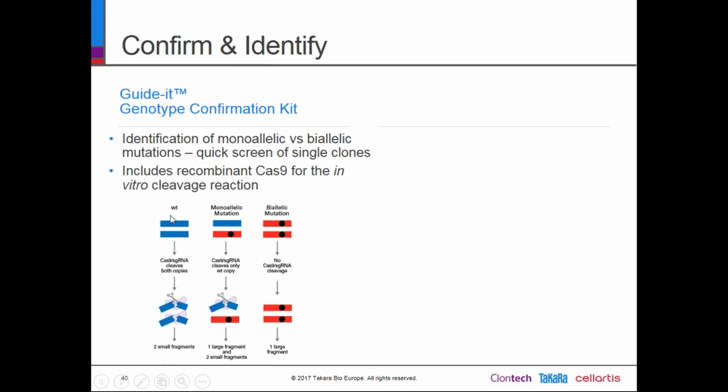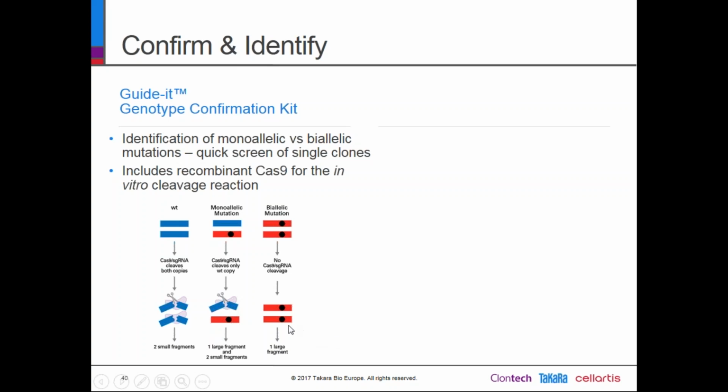And if your clone, for example, is still wild type, so if it's not modified, the original guide RNA can bind again and there will be an in vitro cleavage. If your clone carries just one allele that is modified, the original guide RNA will be able to bind on the wild type allele but not the modified allele, and you should get one large fragment and two small fragments.